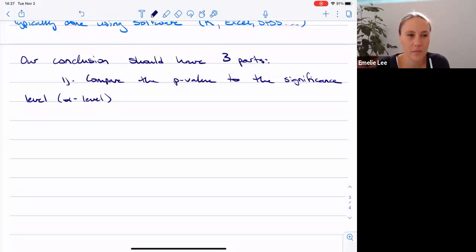Okay. So that's your first thing that you talk about. And there's only 2 options there. The p-value is either less than the alpha level, or it's larger than, or I like to say not less than the alpha level, right?